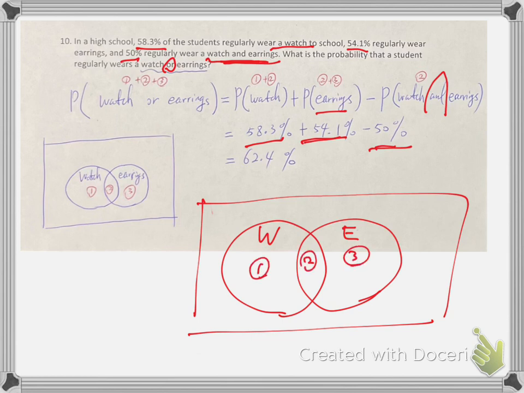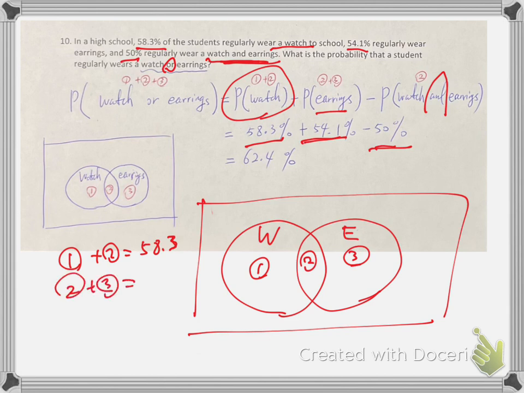Now part 1 is watch only, so 1 plus 2 is 58.3, skipping the percent notation. Earring is 2 and 3, so in the Venn diagram this is 54.1. Part 2 is their intersection, 50.